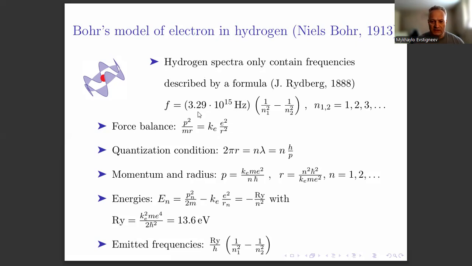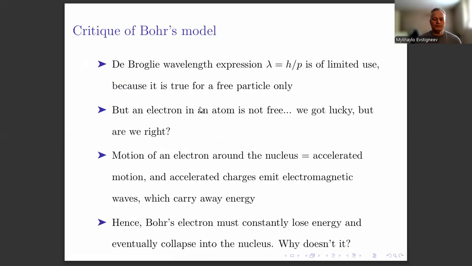This success is spectacular. Bohr's model worked extremely well for hydrogen, but it had some problems. And here are some of them. The first problem is this. De Broglie's expression for wavelength works for a particle which is actually free, a free particle flying in vacuum in outer space, for example, but an electron orbiting around the nucleus is not a free particle.